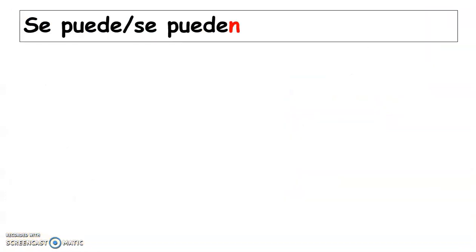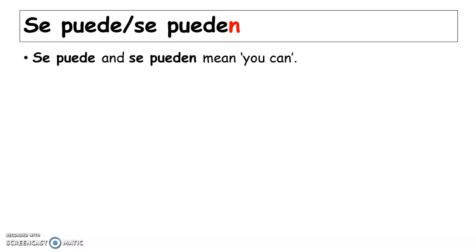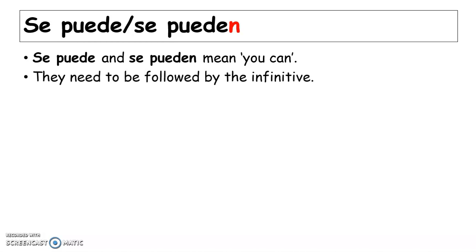Well done, everybody. Okay, so you've noticed we've said se puede, but we also said se pueden. What did we think that was happening for? Okay, so we know that both mean that you can, and they need to be followed by the infinitive. Now, what is an infinitive?